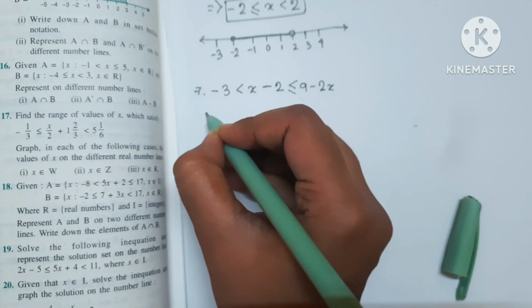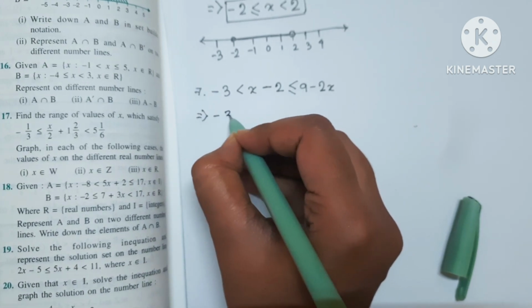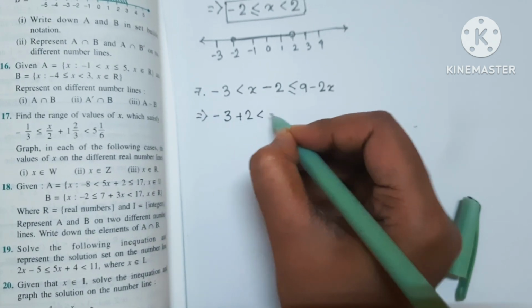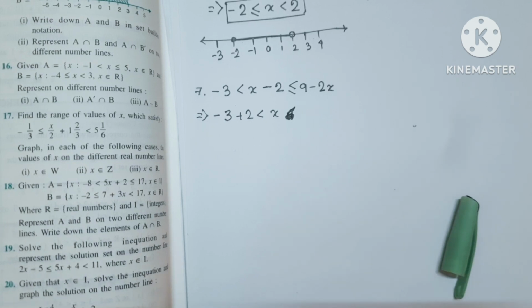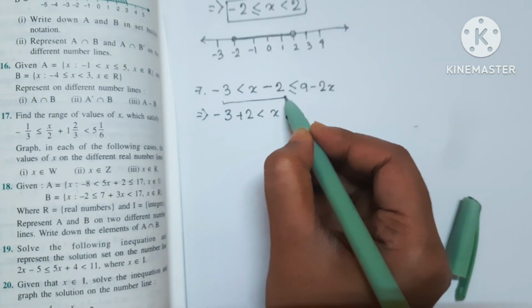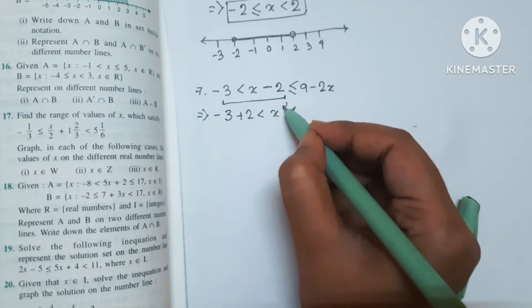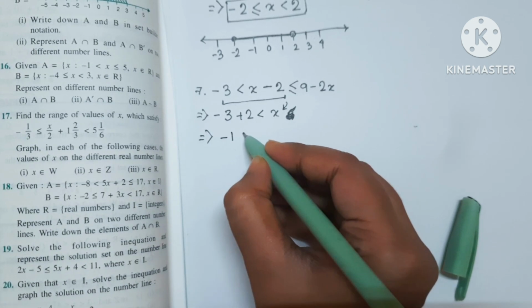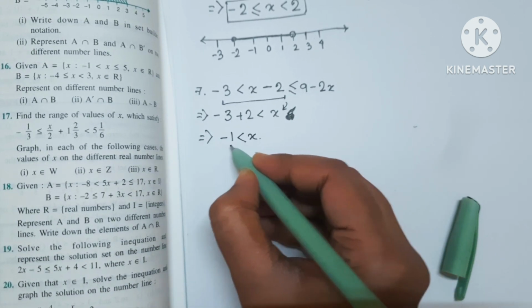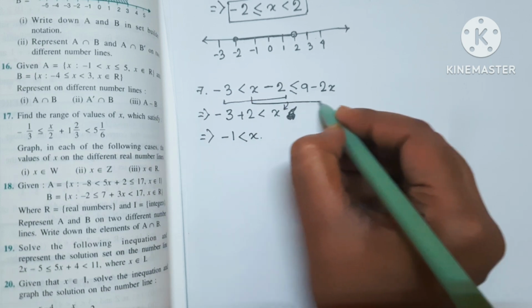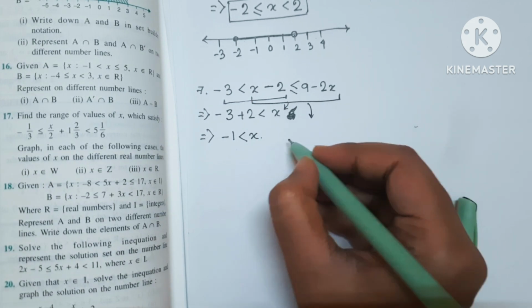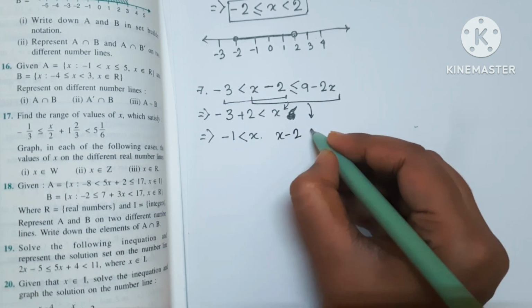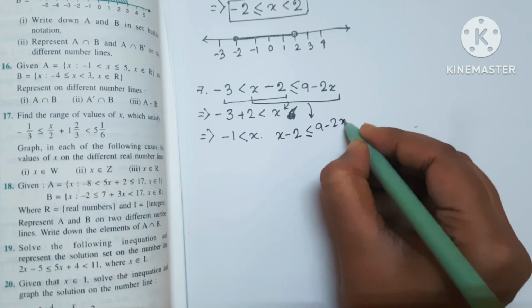Okay, now if you simplify, minus 3 plus 2, that is less than x. So if you compute this part, you will get this one, and if you proceed, minus 1 is less than x, and now from this part we will get x minus 2 less than or equal to 9 minus 2x.